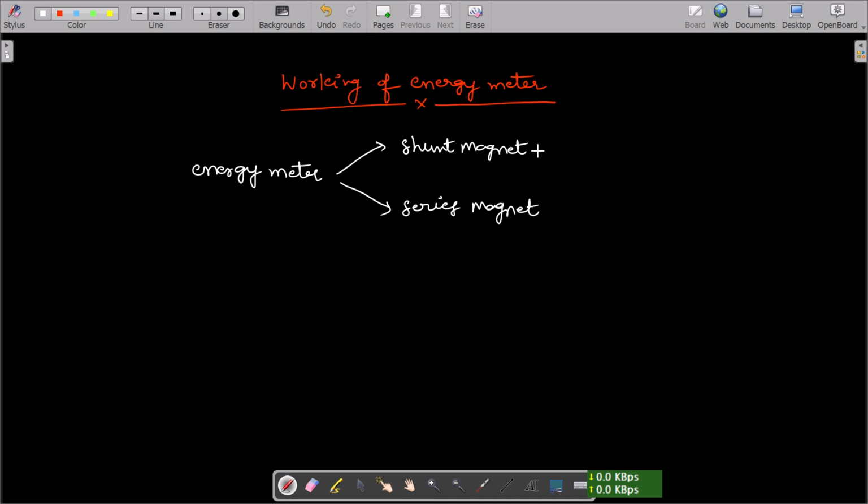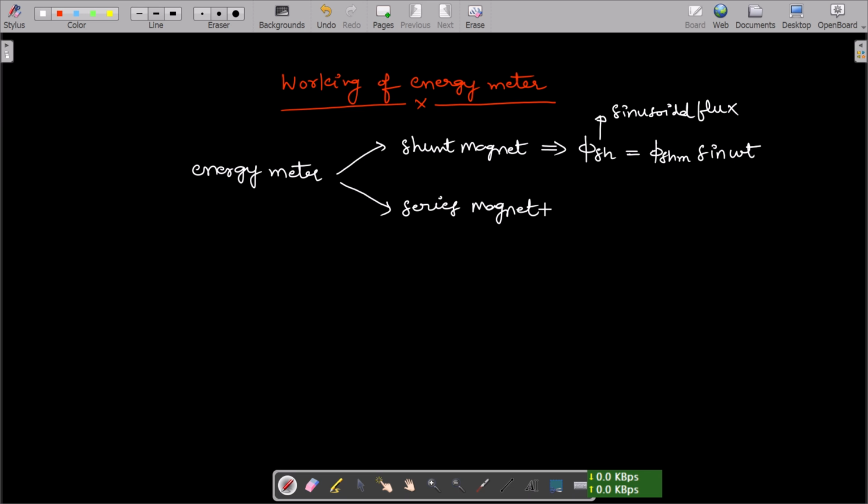Now this shunt magnet produces a flux phi sh, and this is a sinusoidal flux. The equation of this flux, let us say, is phi shm sine omega t.